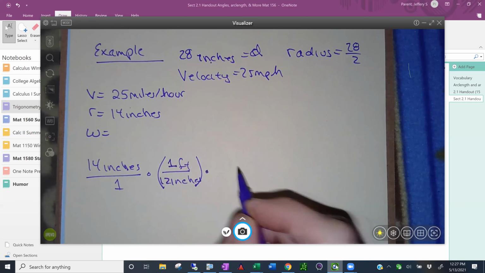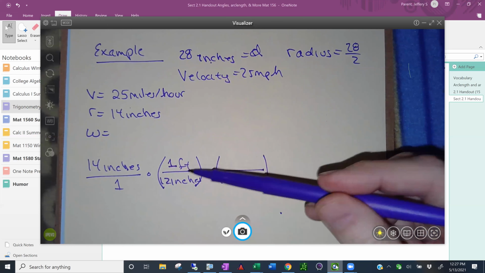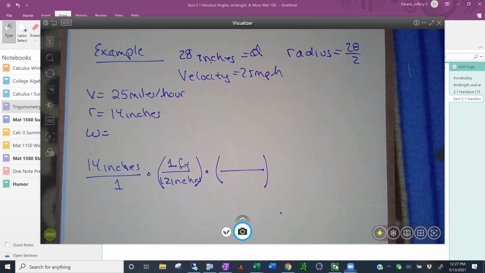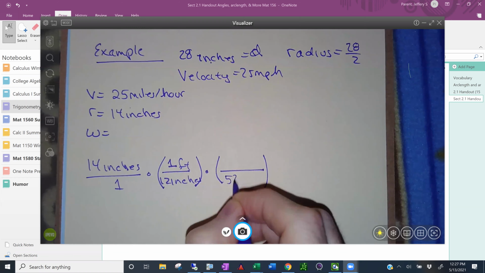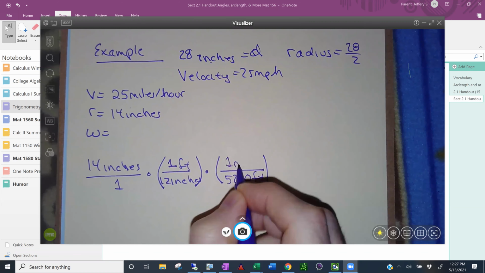And then I'm going to help you convert from feet to miles. Now, if there's a runner out there, I'm sure you know how many feet in a mile. 5,280. Way to go, Reagan. So there's 5,280 feet in 1 mile.